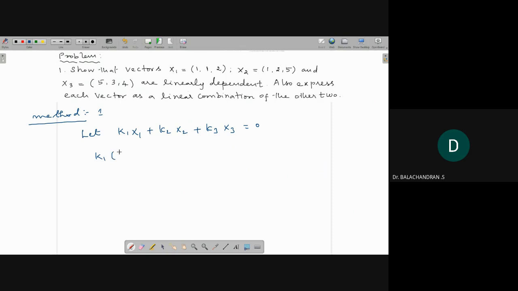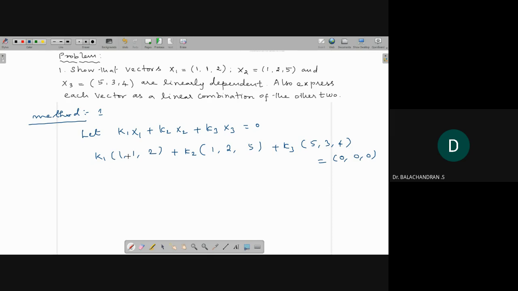So x1 is (1, 1, 2) plus k2 into x2, x2 is (1, 2, 5), plus k3 into x3, x3 is (5, 3, 4). The right-hand side is (0, 0, 0).